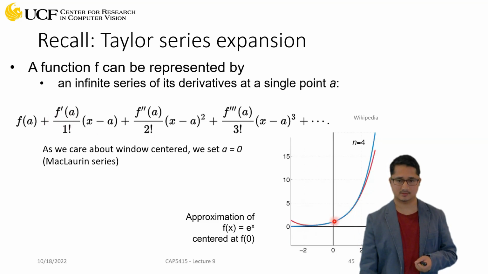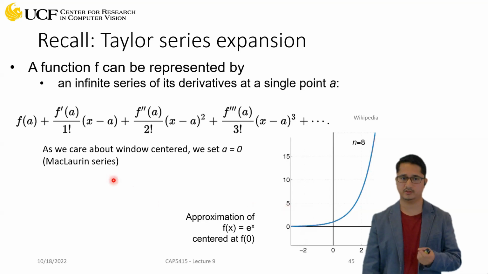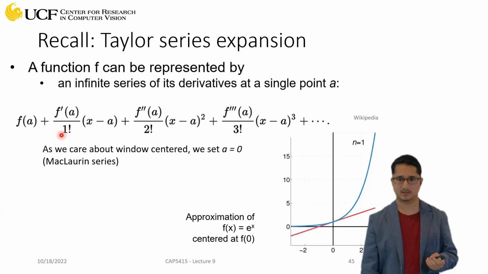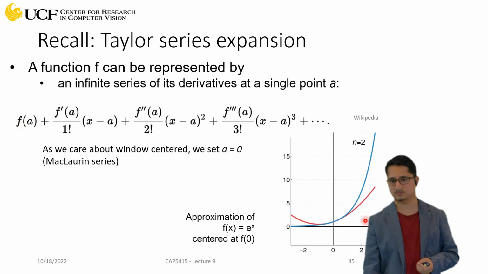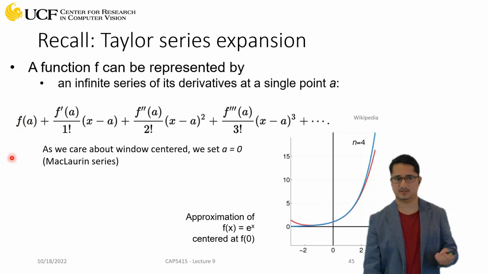Now, if you look at this simple animation, the actual function you had was exponent of x, the blue curve. And the red curve is showing you the approximation of this function using Taylor series. And these values of n are how many terms we are using. If you just use the first term, you can see it's just a horizontal line, because it's just f(a), one value.